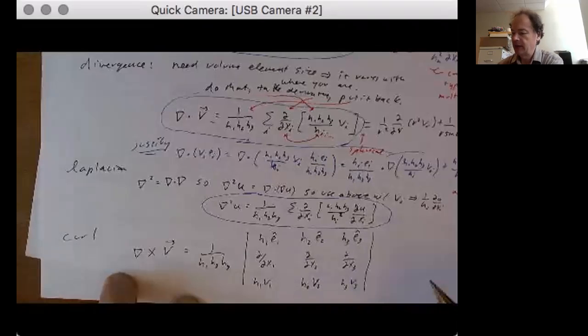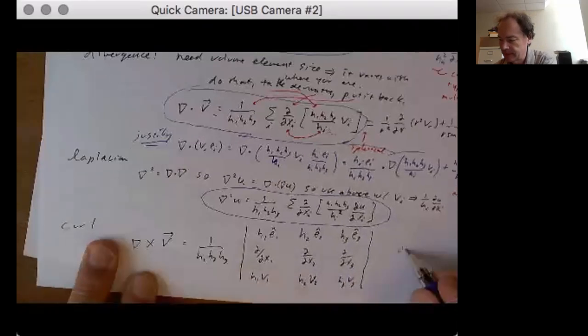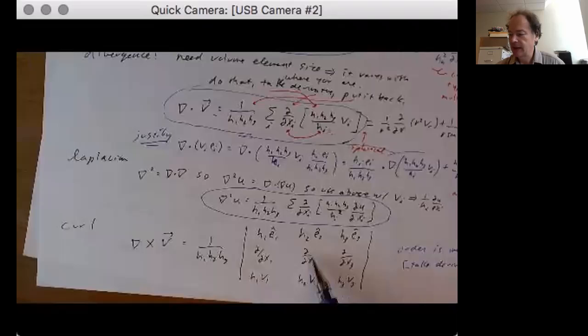And remember here that order is important, because we're taking derivatives. So it's this second, that third. You're taking derivative of these two with respect to x2, then minus that and that third.